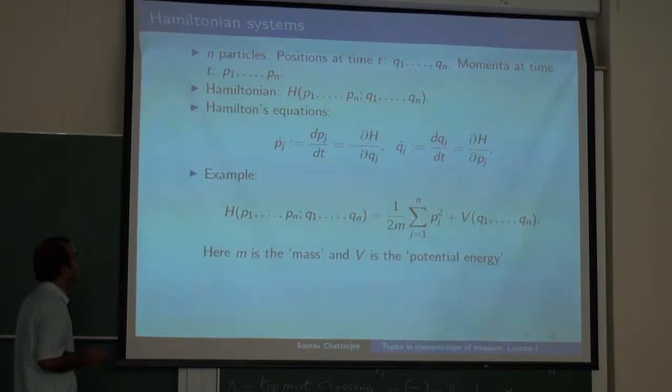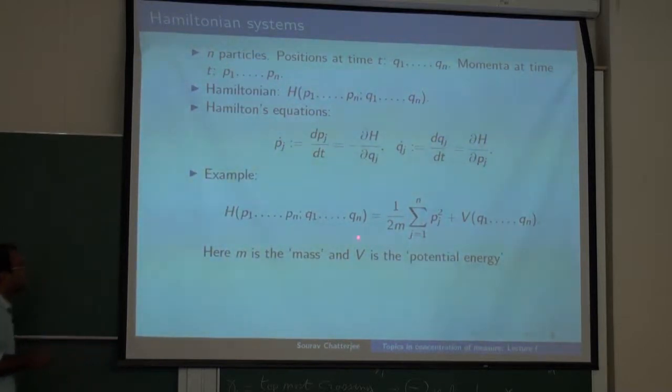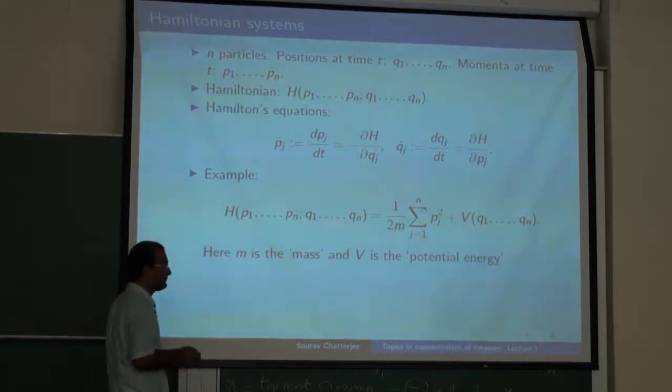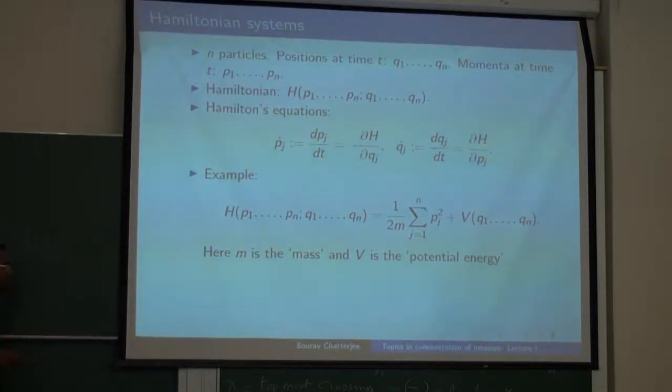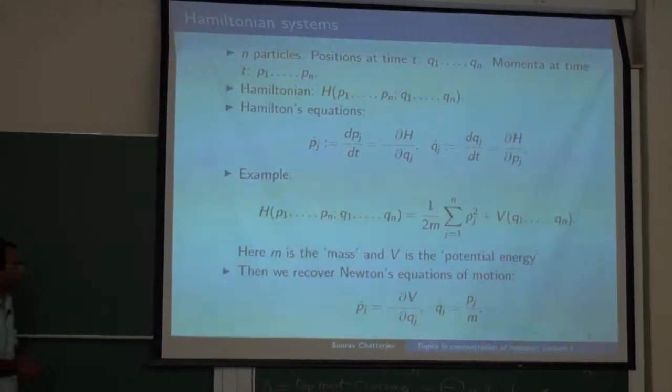Okay. So a simple example is the following: 1 over 2m, where m is the parameter that is the mass, summation pj squared, plus a potential. So m is this mass and V is the potential energy. If you plug this in here, we recover what are called Newton's equations, second law.